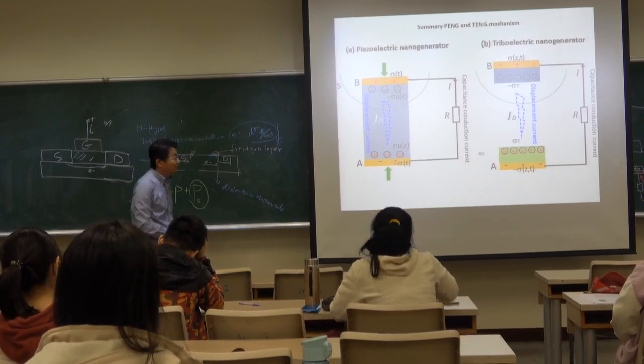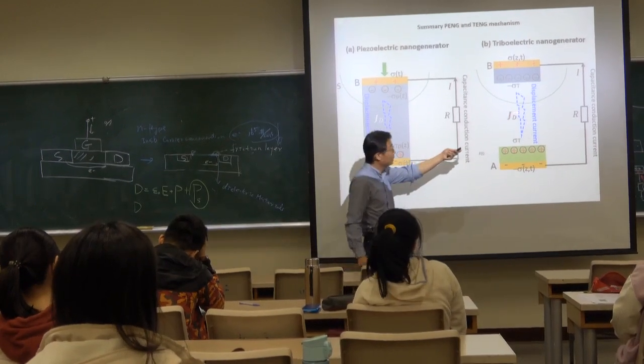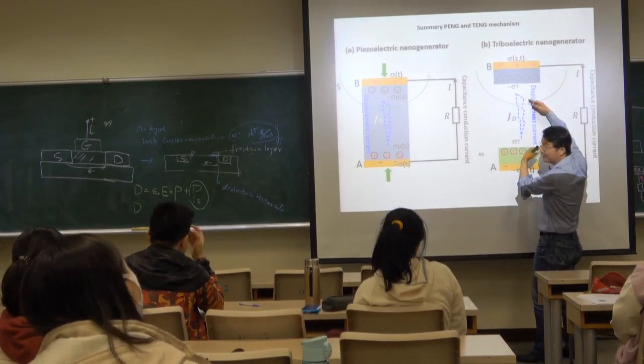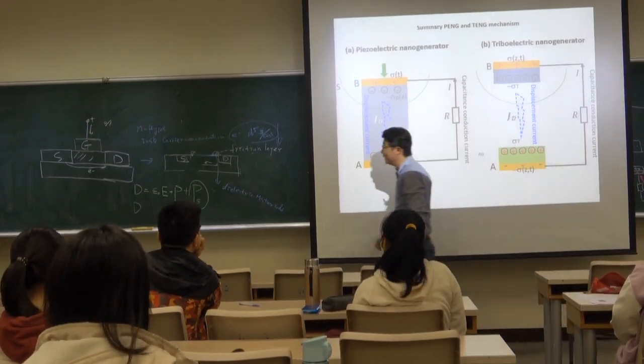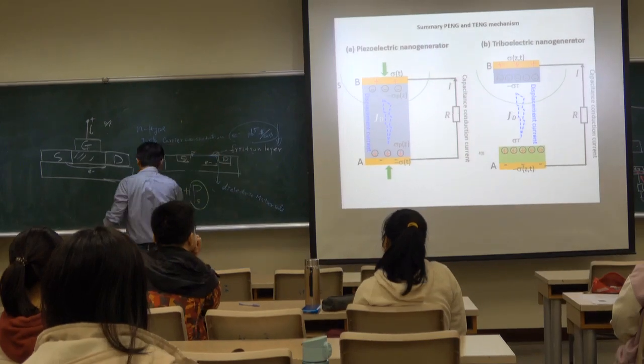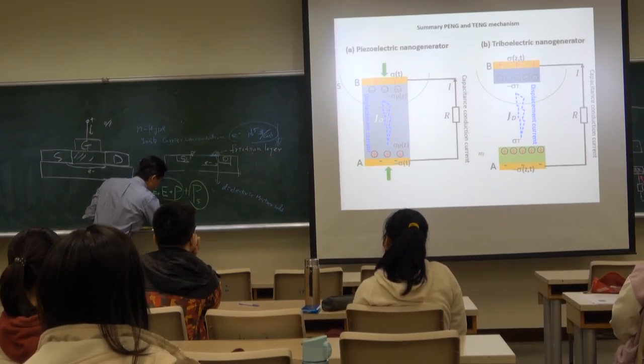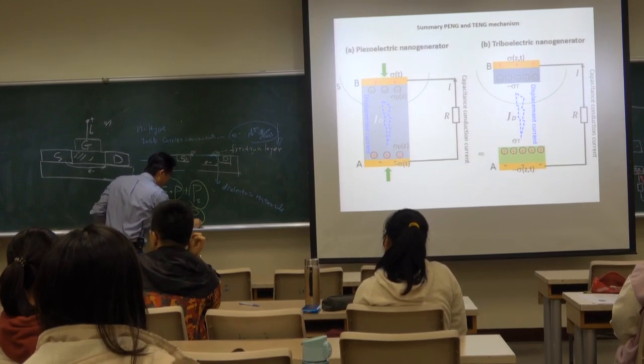And also for the triboelectric, because inside could be a gap, just air, you still have two effects. This is the Maxwell term, epsilon E, and P, and still we have a PS.